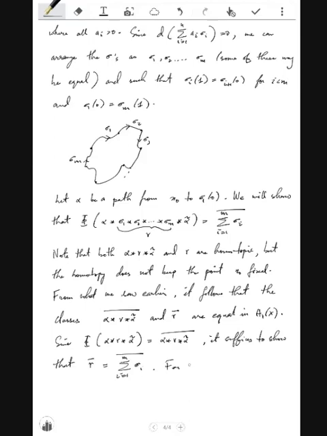For this, it suffices to show that gamma minus the sum of sigma i is an image of T2.